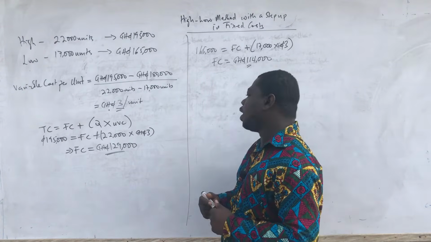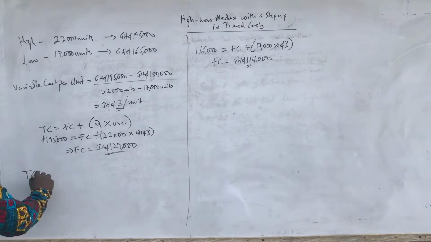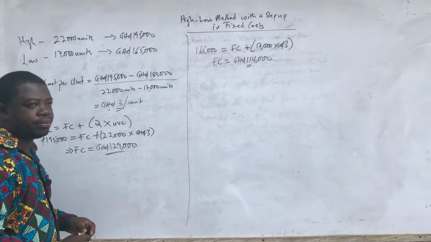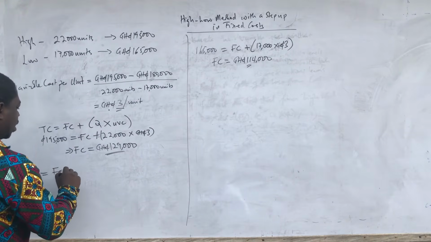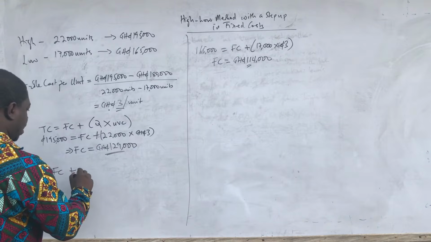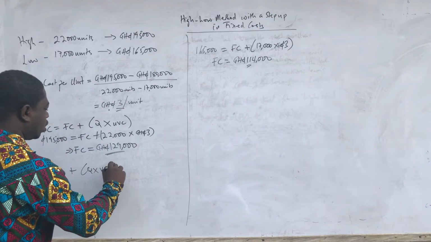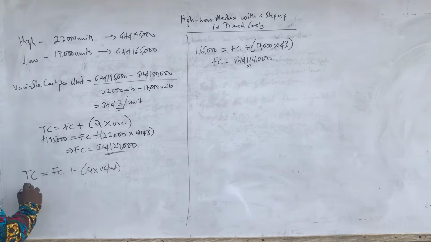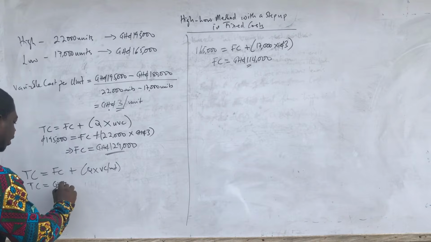And so to construct the total cost function for the highest activity level, we know that the total cost function is fixed cost plus quantity times the variable cost per unit. And so the total cost function will be, we have a fixed cost of 129,000.